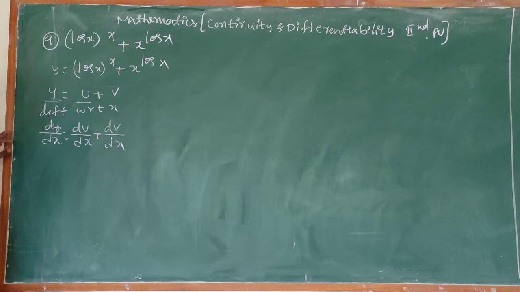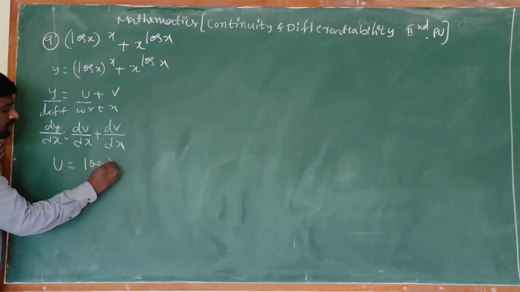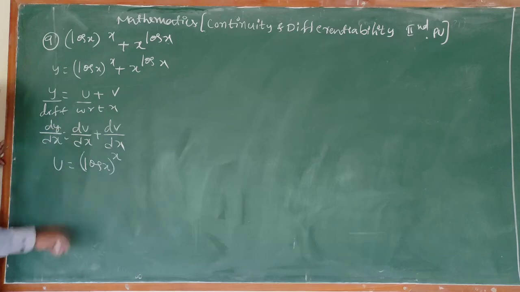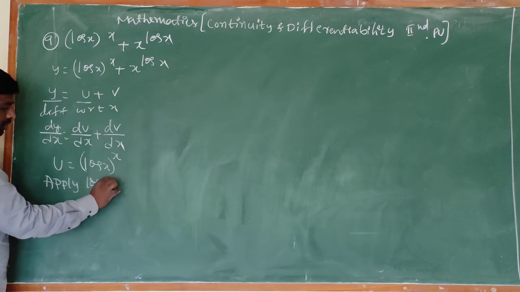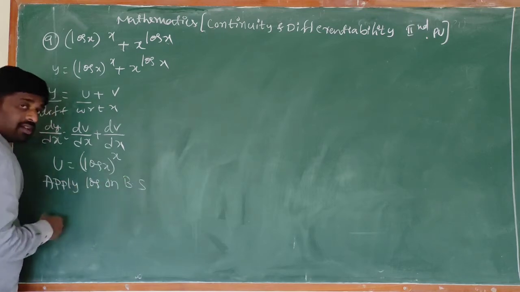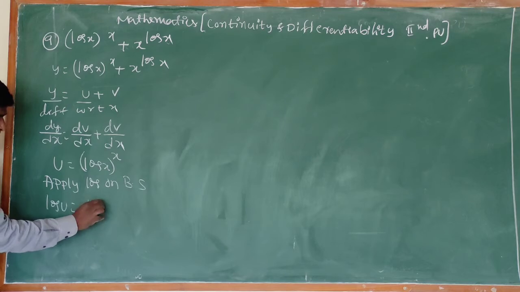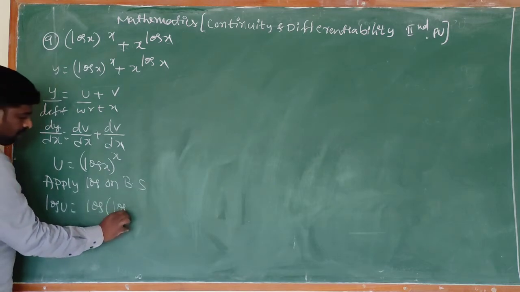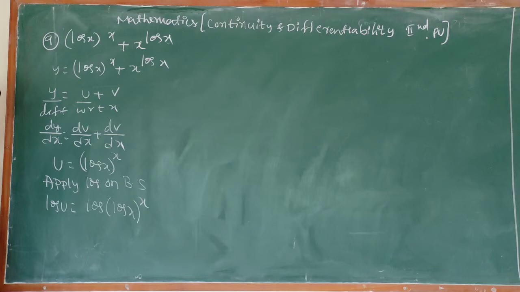So u is equal to (log x) whole to the power of x. Apply log on both sides. Log u is equal to log of (log x) whole to the power of x.